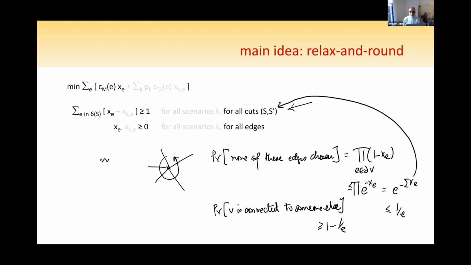So the expected number of components after the first round: in the first round, every vertex was a singleton. Every component was a singleton. The expected number of components after the first round is going to fall by a constant factor.